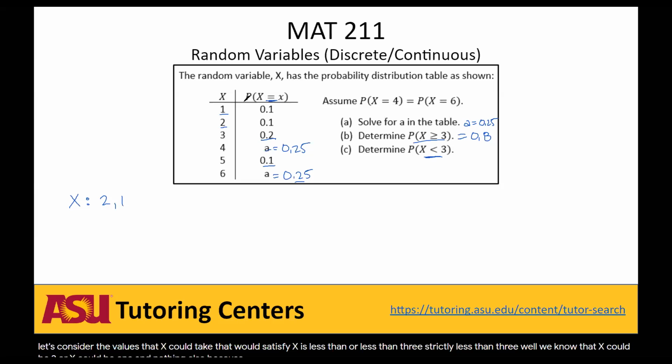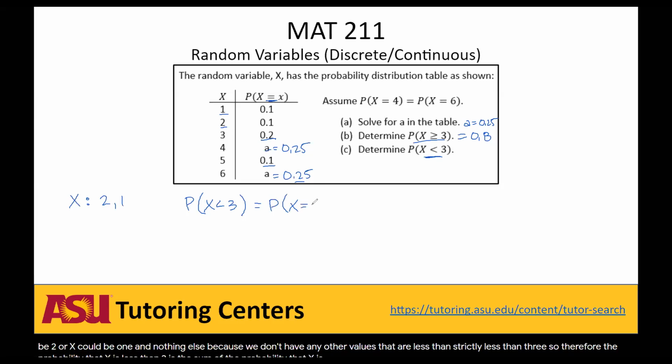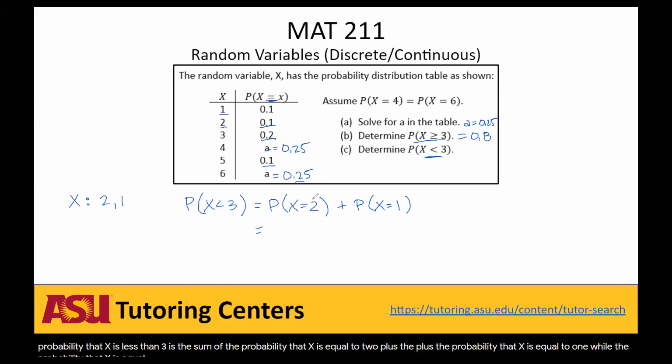And nothing else, because we don't have any other values that are strictly less than 3. So the probability that x is less than 3 is the sum of the probability that x is equal to 2 plus the probability that x is equal to 1. The probability that x is equal to 2 is 0.1, and the probability that x is equal to 1 is also 0.1. So that means that the probability that x is less than 3 is 0.2.